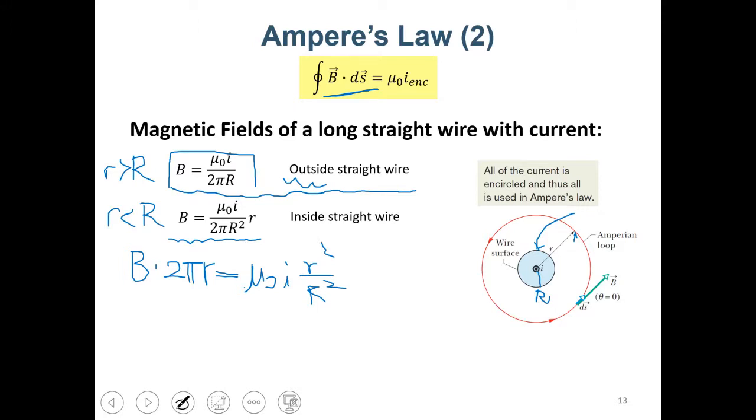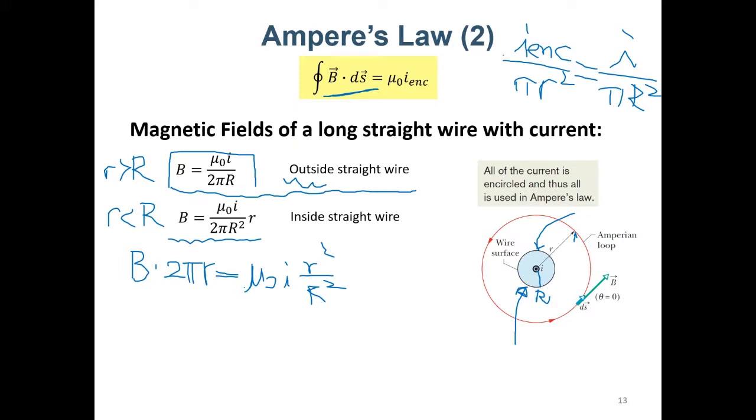Because the current in this wire is uniform, which means that we should have I enclosed over pi r squared, which is the cross-section area, equals the whole current over pi R squared. So this is the J. The J should be constant for both cases.